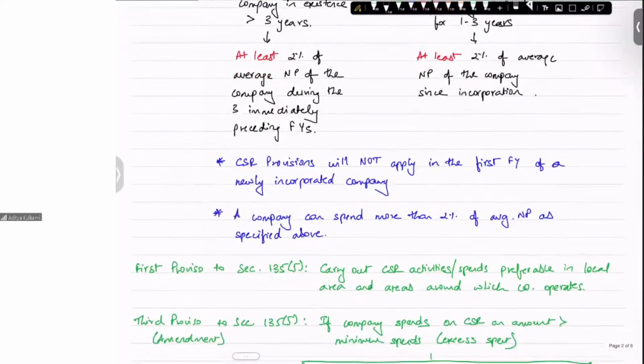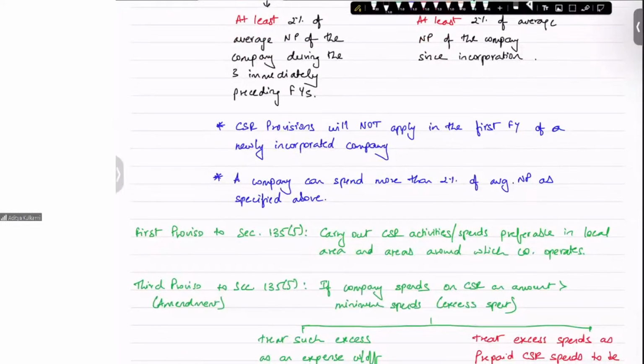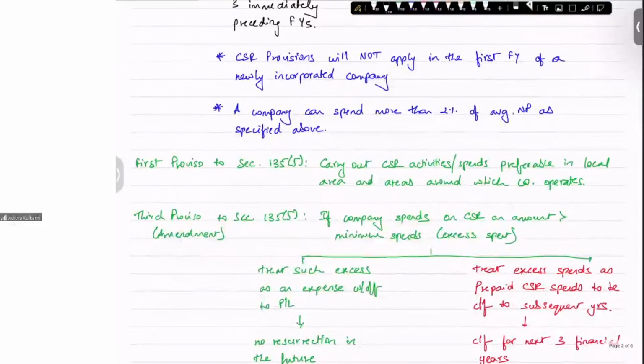Is it okay? Yes. So 2% of average net profits is the minimum spends. Now, where to spend is what is given under the first proviso as a recommendation. Carry out CSR activities or spends preferably in local area and areas around which the company operates.